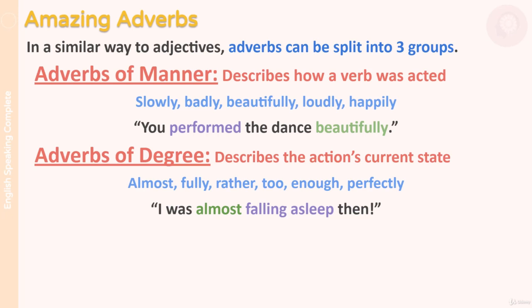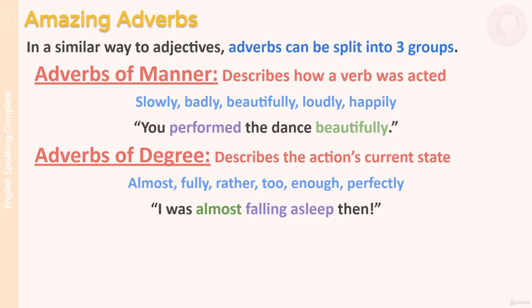In green, we have our adverb almost, not quite, nearly. And there we have a phrasal verb, 2 words to make a phrase, a phrasal verb, falling asleep. This can be considered one verb, one phrase, almost falling asleep.